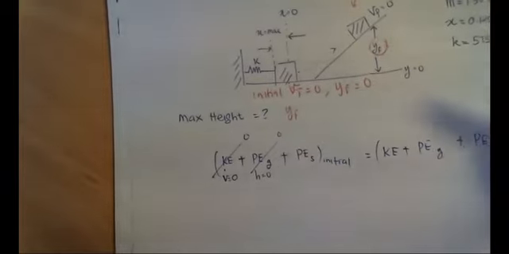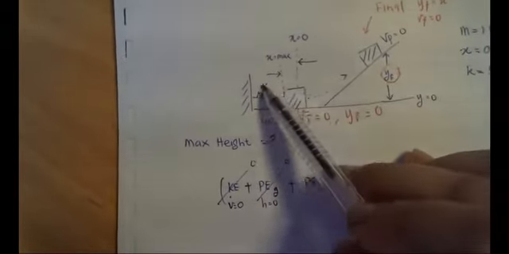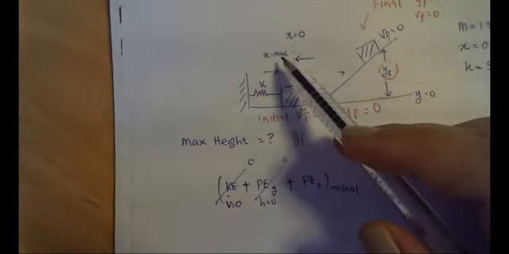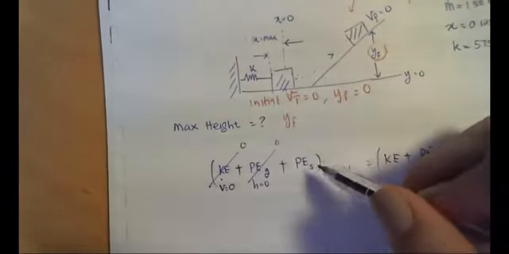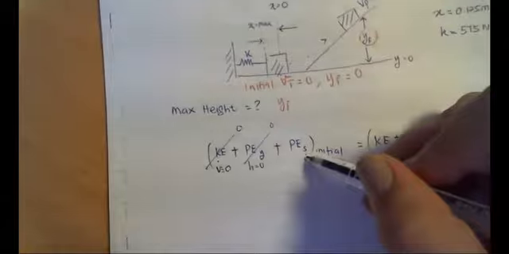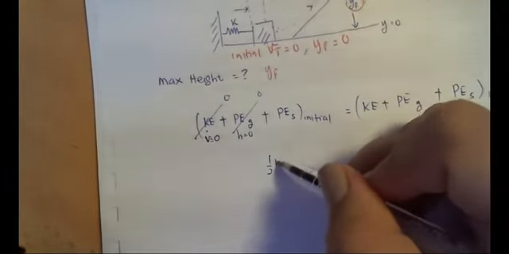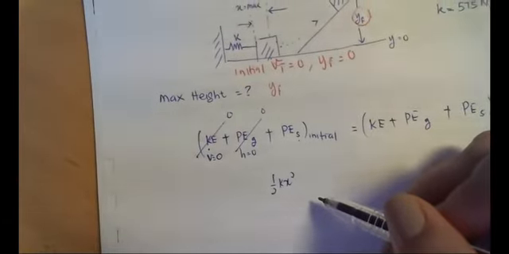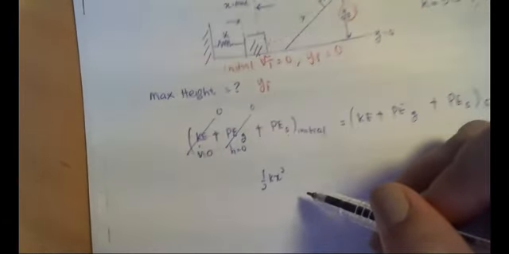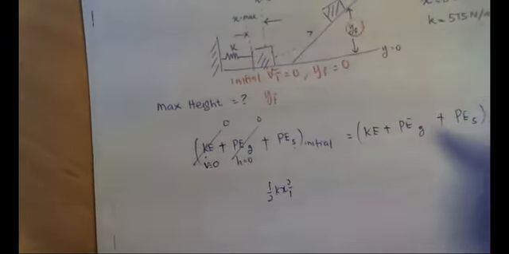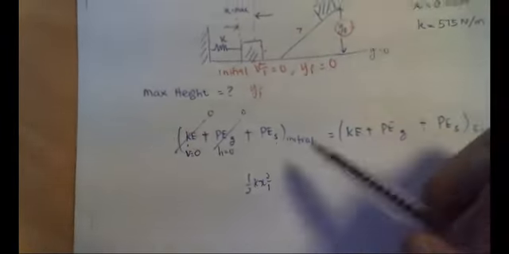Then since the block is attached to the spring, where the spring has its own x or its own amplitude, the spring potential energy is not equal to 0. So this is left with the value of half k x squared. I think you know this equation because you were already introduced to it in SHM. So this is the first part, the initial position.